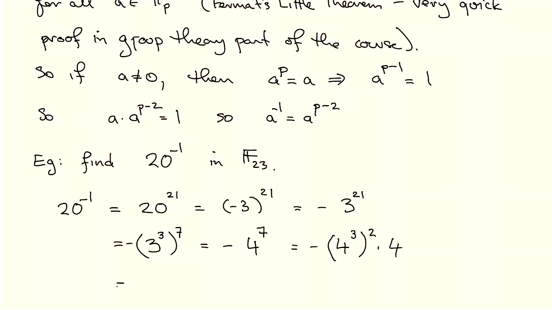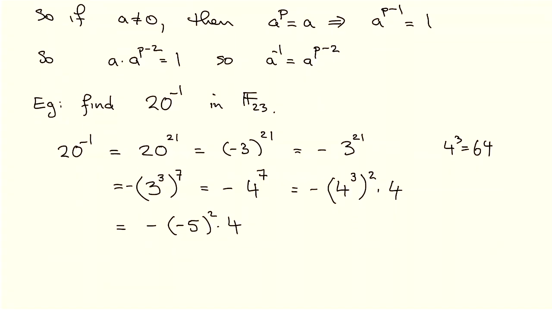Okay, good. So minus 5 squared by 4. And now minus 5 squared is 25, which is 2. So I get minus 8. And minus 8 is 15, I think.